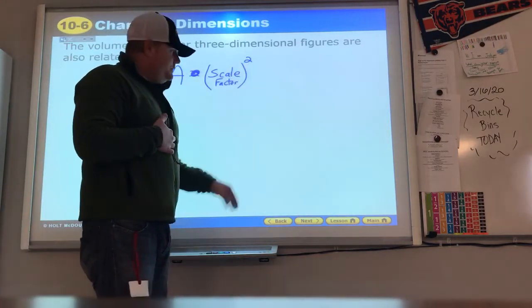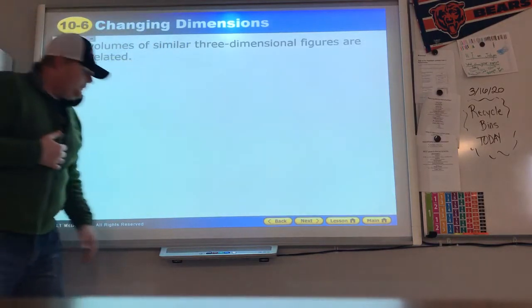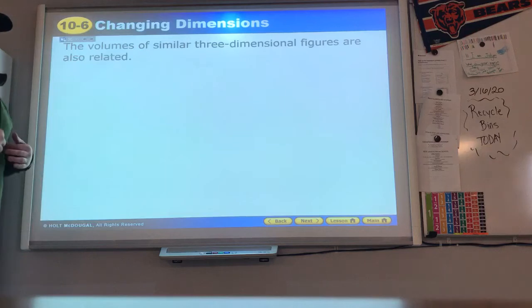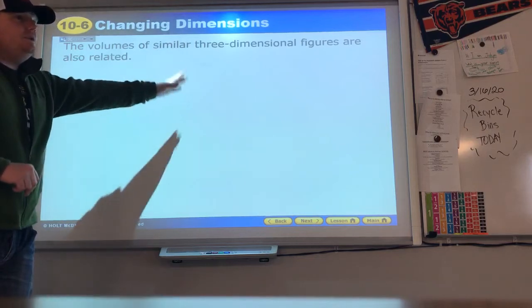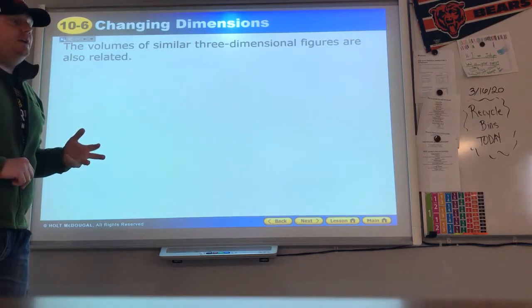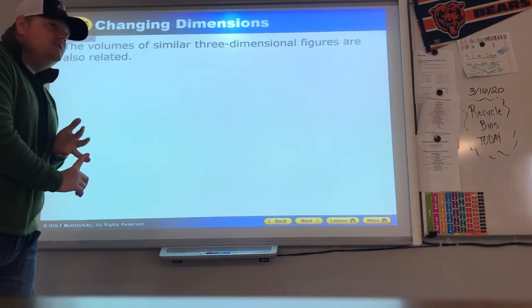Scale factor squared for surface area. Volume, which is what we're working on now, will be even more different. I bet some of you have already figured out: surface area is feet squared, and we squared the scale factor. Volume is cubed, so we cube the scale factor.